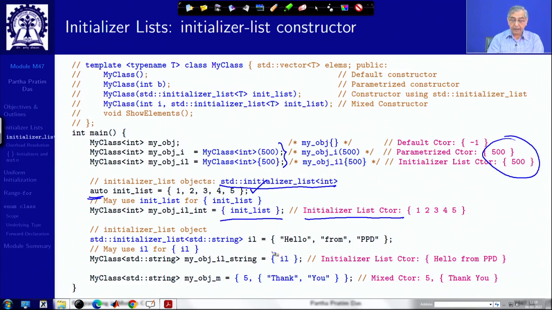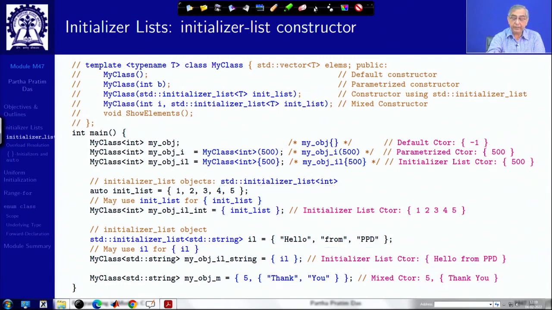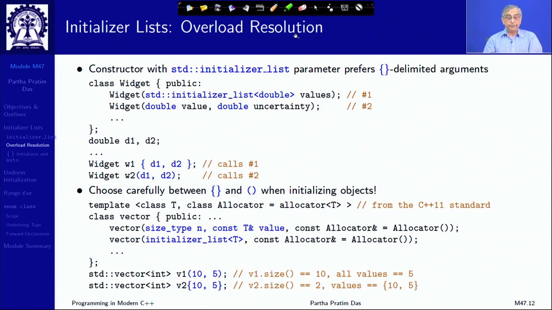Similarly, you can do it for a string. Again, the initializer list constructor is used. You can do it for a pair of integer and an initializer list of string, so you will get a mixed constructor called. This is how the constructors will map to the respective type and will be called.